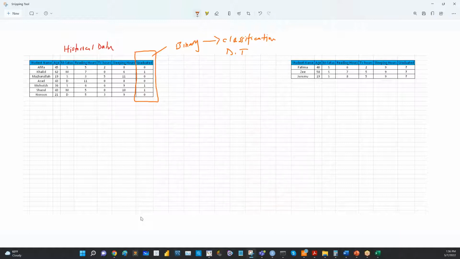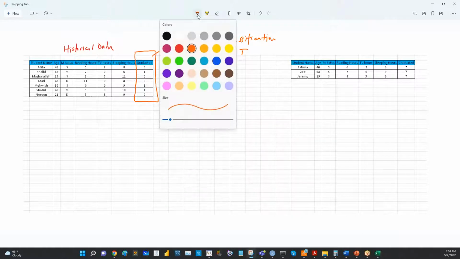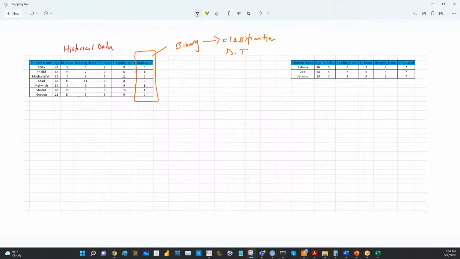The process of building a decision tree is a process of building a machine learning model. Number one, we are going to identify X and Y. Number two, we are going to split. Number three, we are going to import the model library and initiate the model.